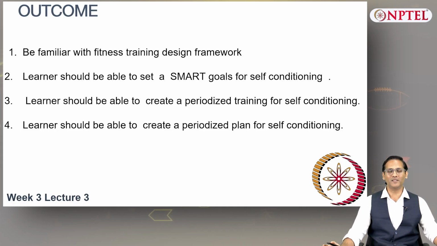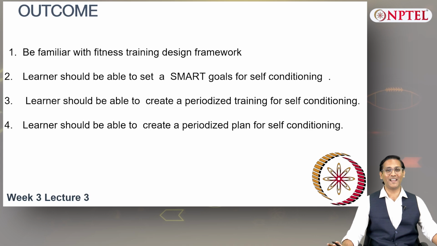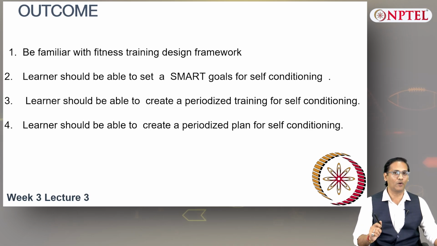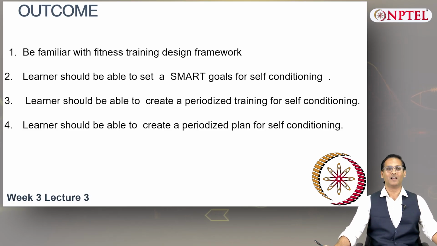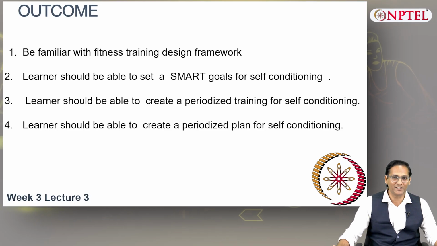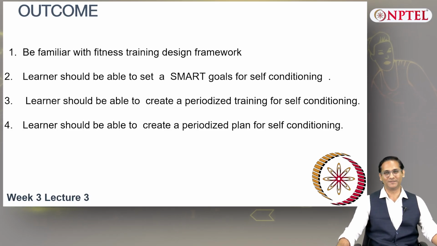The third outcome is you should be able to create a periodized training for improving your self-conditioning fitness. And lastly, you should be able to design a periodized plan for your self-conditioning fitness variable.